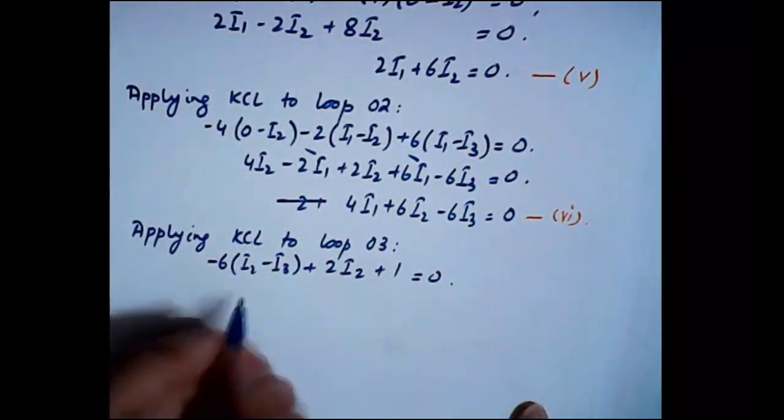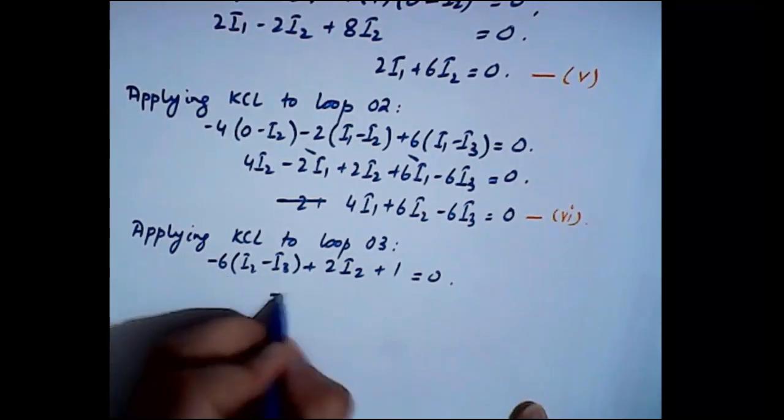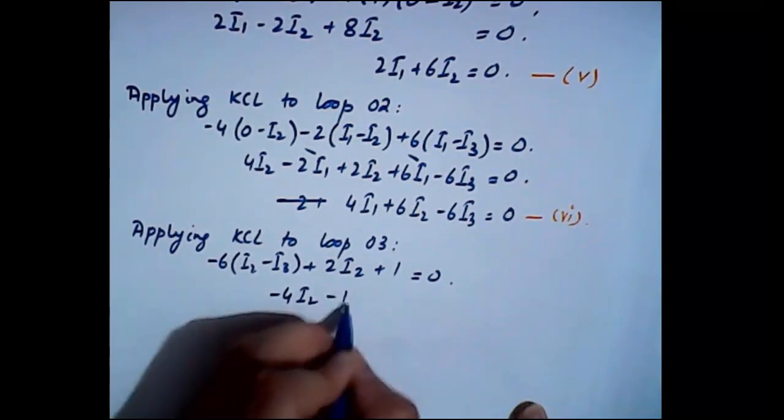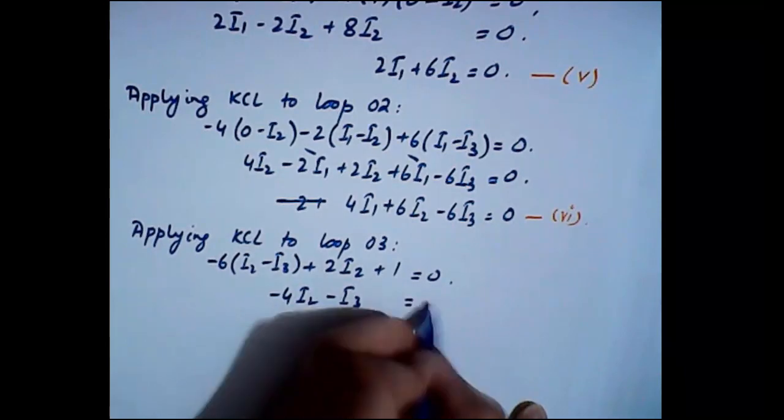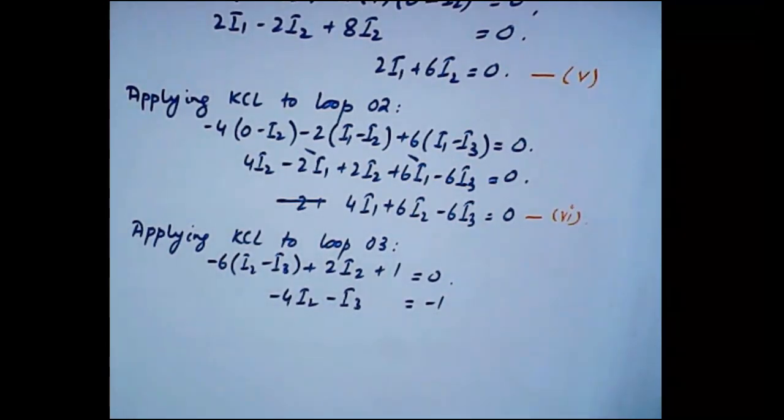So it will become minus 6I2 plus 2I2, that makes minus 4I2 minus I3 is equal to minus 1, and this will be equation number 7.